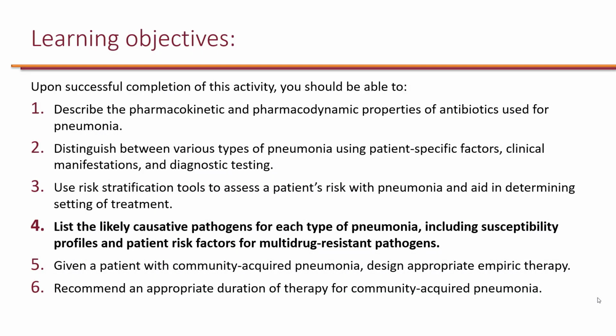We describe the PK/PD properties of antibiotics used for pneumonia, distinguish between various types of pneumonia, and use the risk stratification tools to assess a patient's risk with pneumonia and aid in determining the setting of treatment. Now let's list the likely causative pathogens for each type of pneumonia, including susceptibility profiles and patient risk factors for multidrug-resistant pathogens.